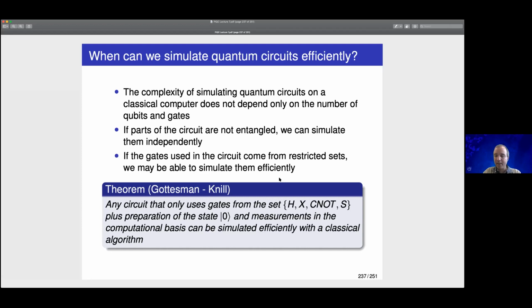Because there is a very nice result which you can prove by using this powerful stabilizer formalism that I told you about. This is one of my favorite results in quantum computing, because I think it's very beautiful, and it shows how the representation of the information matters a lot when you try to simulate quantum circuits.